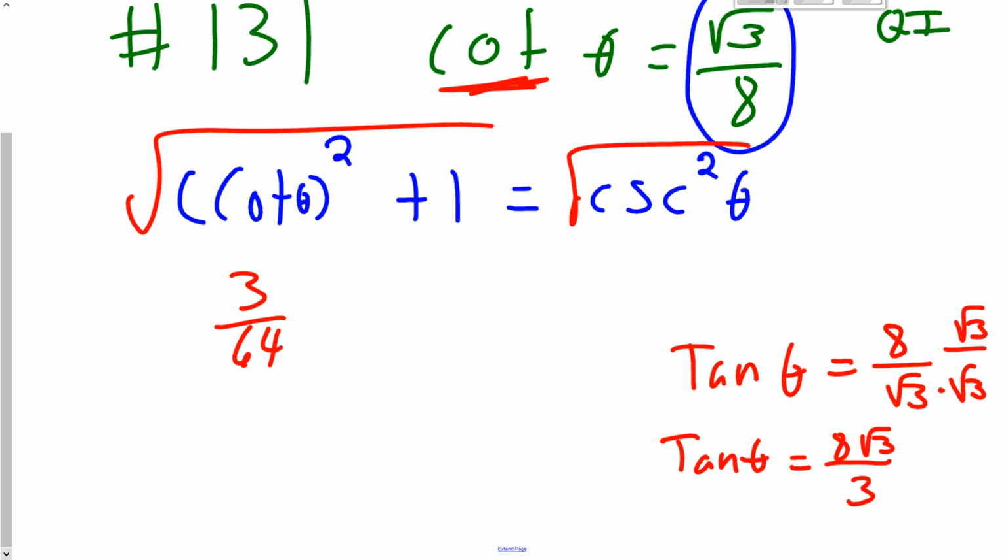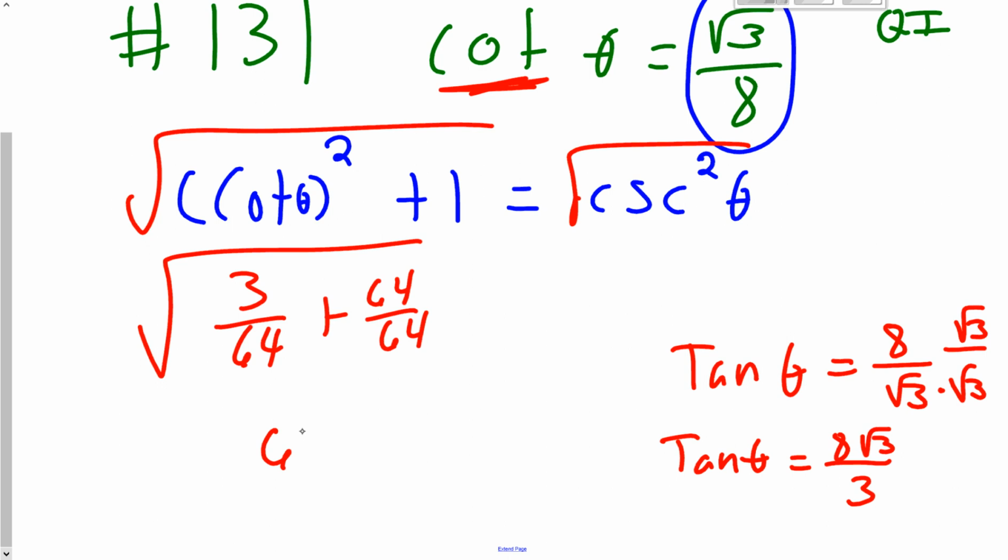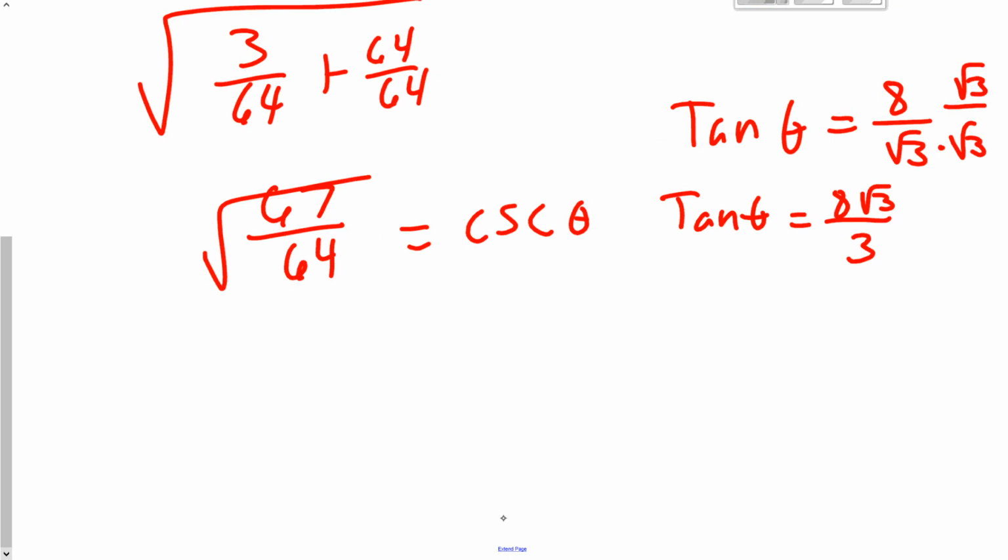And then we're adding 1 to that. So that is 64/64. And then we're going to square root. So that is 67/64. We're going to square root that, and that's going to give us cosecant of theta. So cosecant of theta is the square root of 67 over 8. And then we look at what quadrant we're in, quadrant 1, so we know everything's going to be positive, so we don't have to worry about plus or minus here.